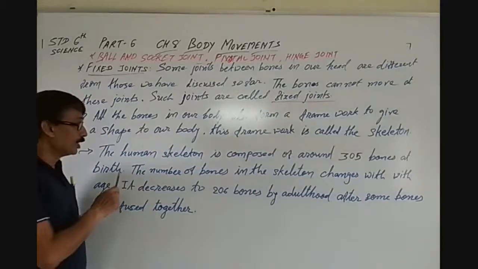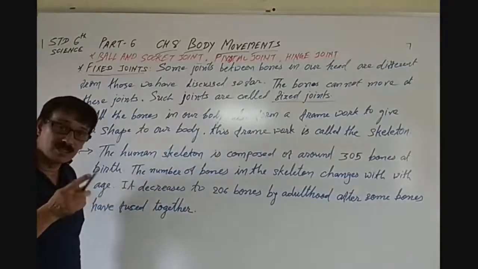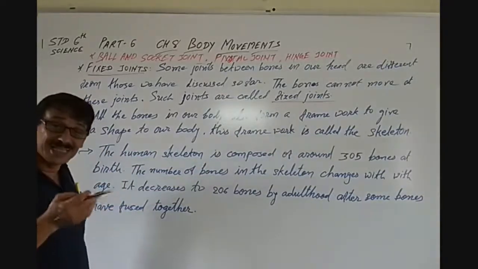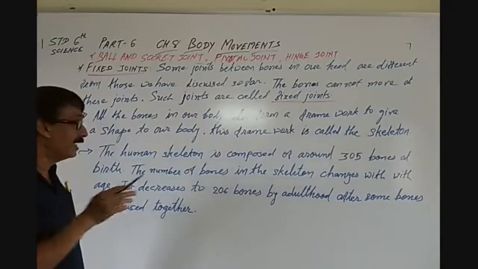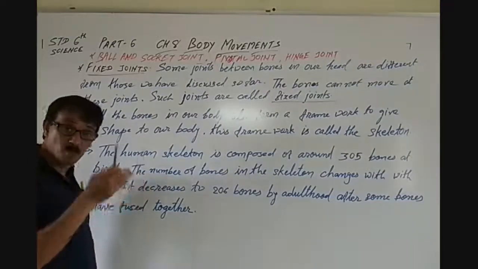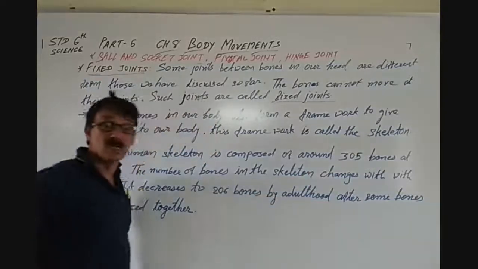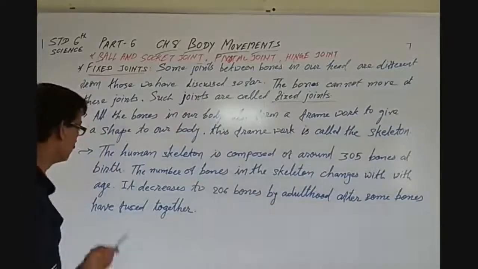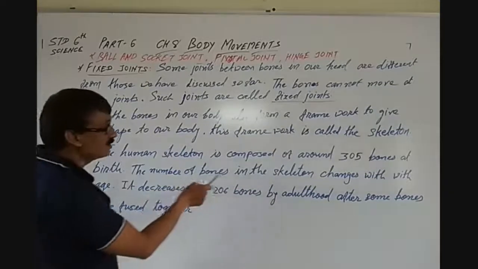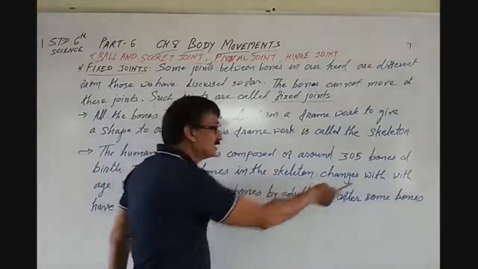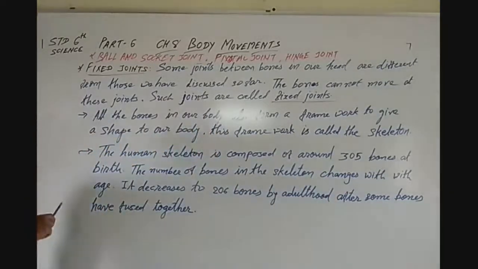So when a human is born, or we can say as a neonate, at that time the human body consists of how many bones? 305 bones. The number of bones in the skeleton changes with age.